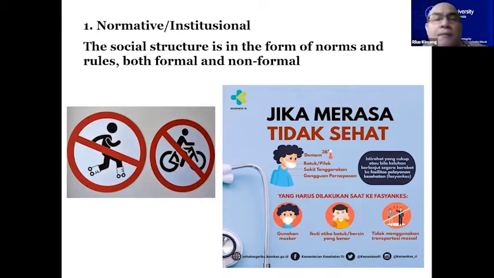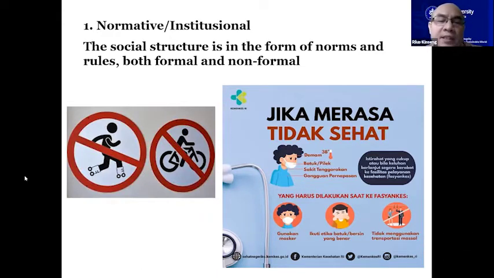All of the rules and norms that guide or structure our behavior in society, that is social structure in the form of normative or institutional. So it's regulation, rules, norms, formal and non-formal.